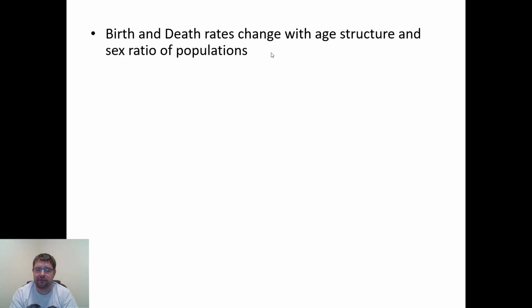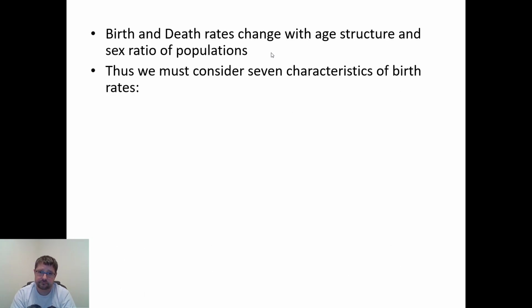Then obviously the ratio of males to females can change what the birth or death rate is going to be.